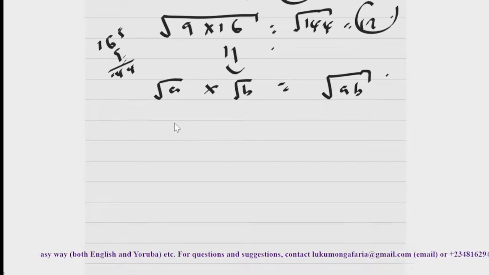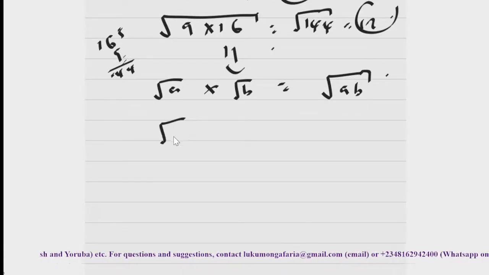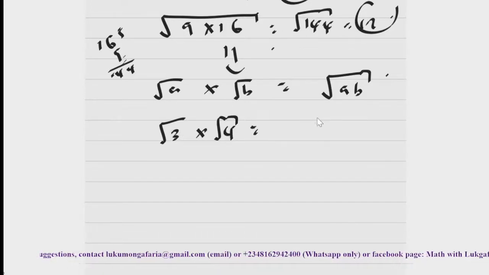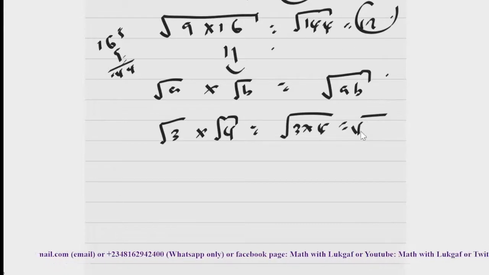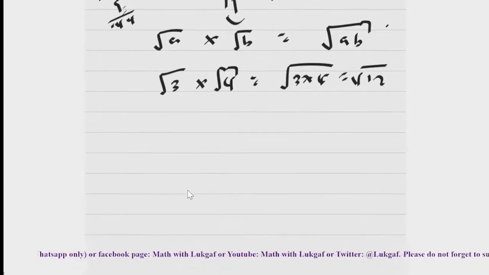In essence, when you have square root of 3 multiplied by square root of 4, and you don't want to stress yourself, this will give me square root of 3 times 4, which is equal to square root of 12. So that's the first law.